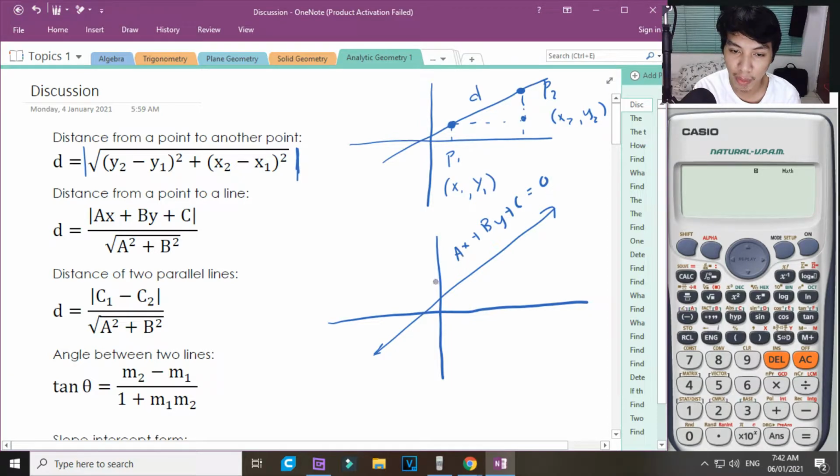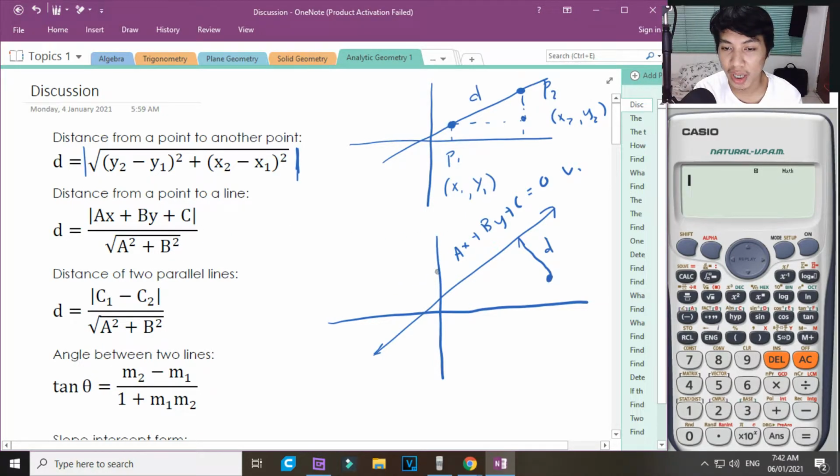That is line 1, L1. Now, you are given a point. Ngayon, hahanapin mo daw yung distance of this line to this point. Distance of this point to this line. And this is given by this formula.